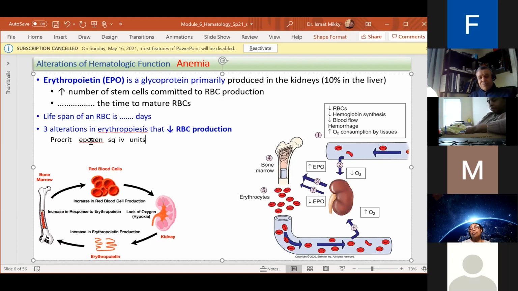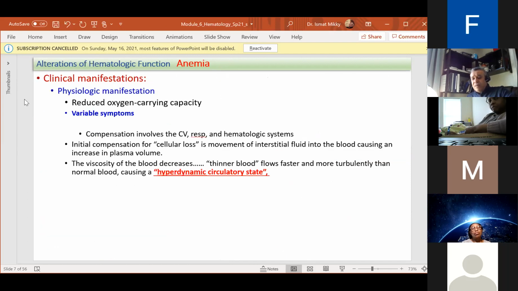So the iron is a component just for production of the RBCs. So that cycle is clear now: the failed kidney is unable to produce EPO, so it will not stimulate the bone marrow to produce enough RBCs, and then the patient will become anemic.